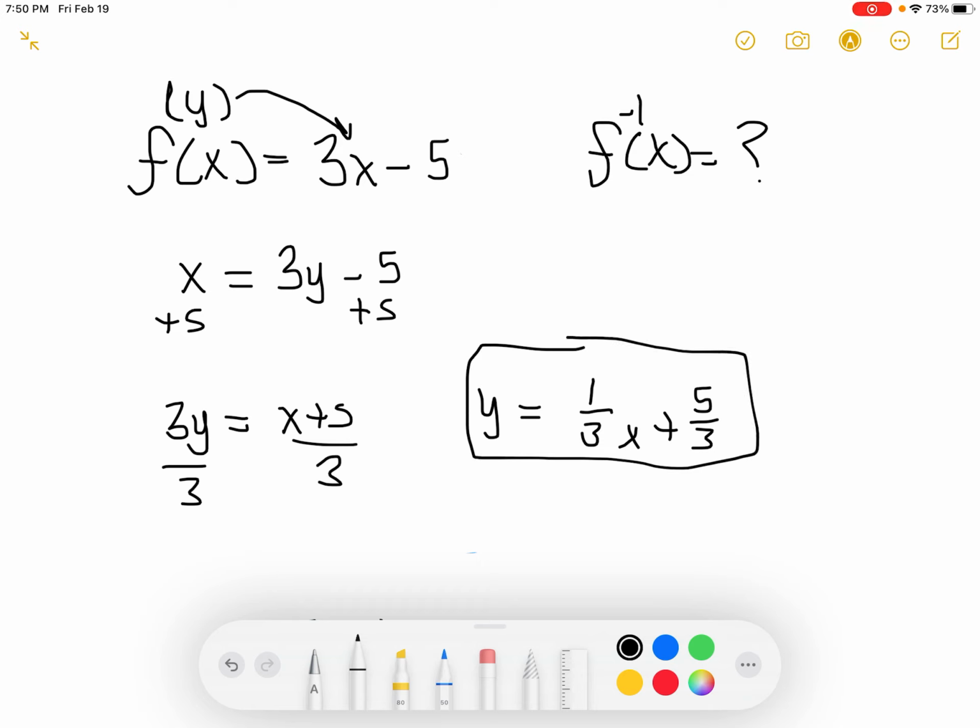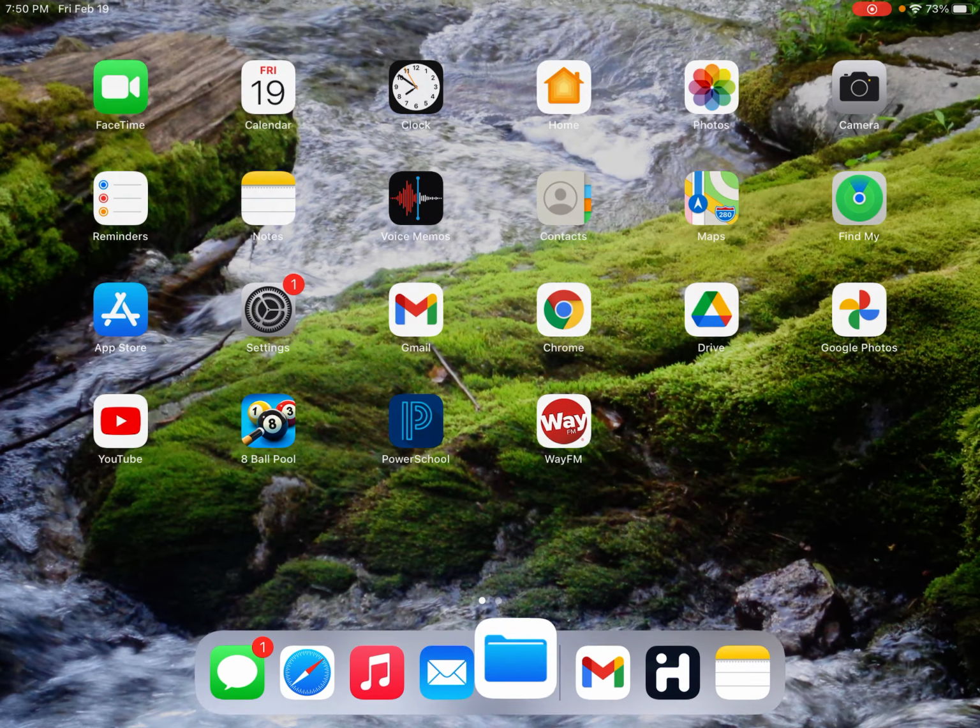And you can just replace y with inverse f of x. So that's what inverse f of x equals: 1/3 x plus 5/3. So there you go. That's what it is. So let's go over to the graph now.